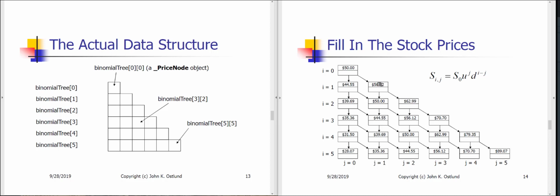If the stock price goes up and up again, it's going to be 62.99. And if it goes up and down, regardless of the order, we will find ourselves back at a $50 price. And so we can easily fill in the stock prices in our binomial tree following the formula that each stock price in the tree is given by the initial stock price times some series of up and down movements.